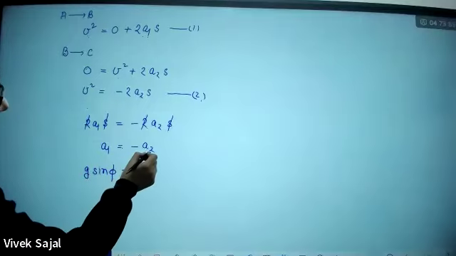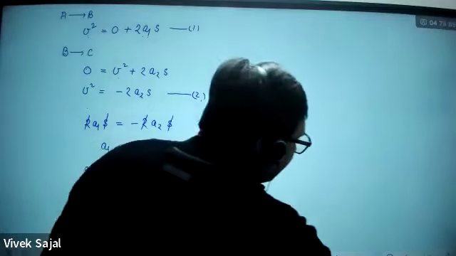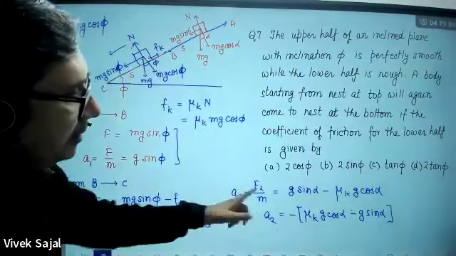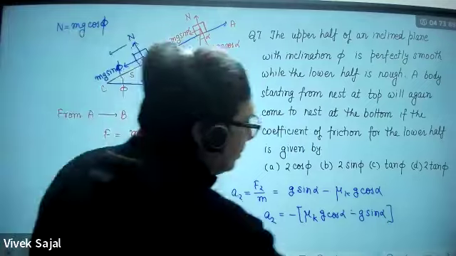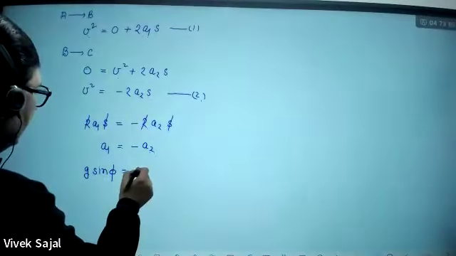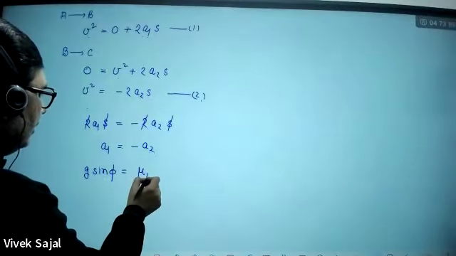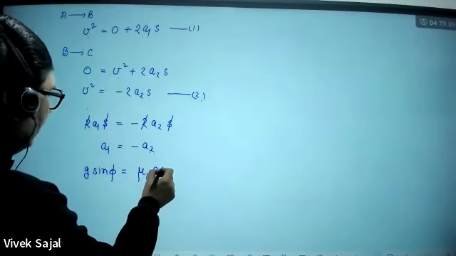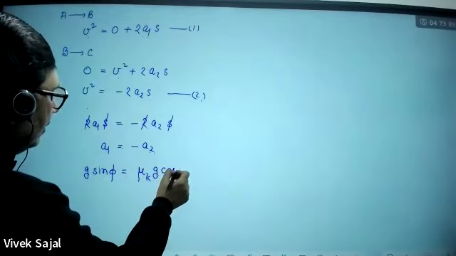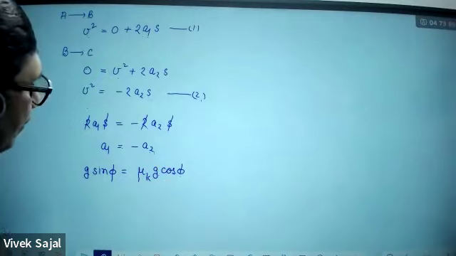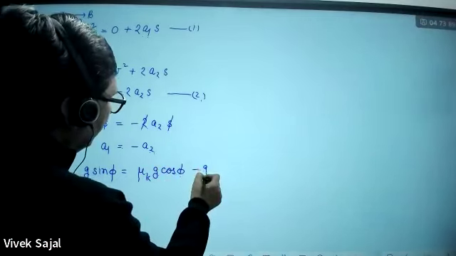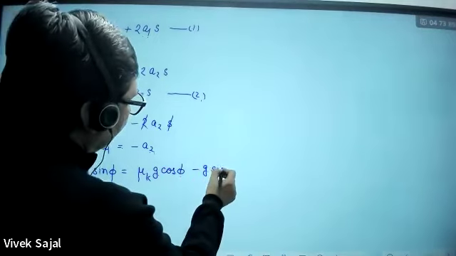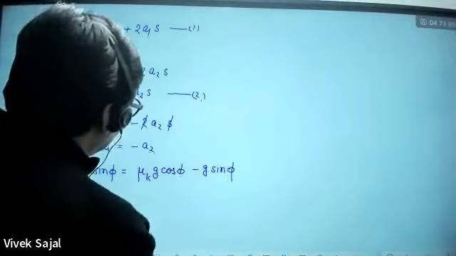And when you substitute a2, the minus and that minus will cancel out. This will be mu k g cos phi. Don't get confused with theta and phi, only one angle is there. And minus g sin phi.